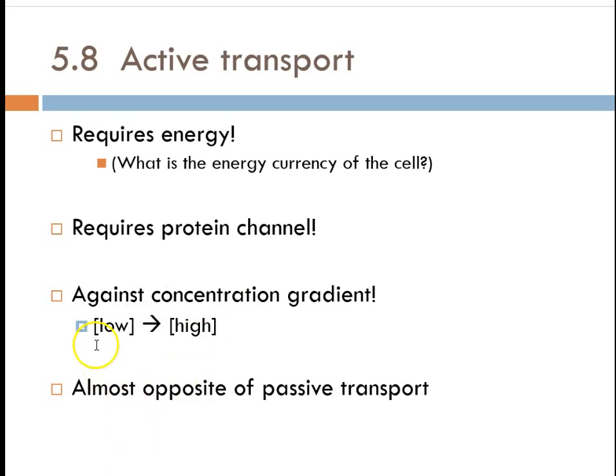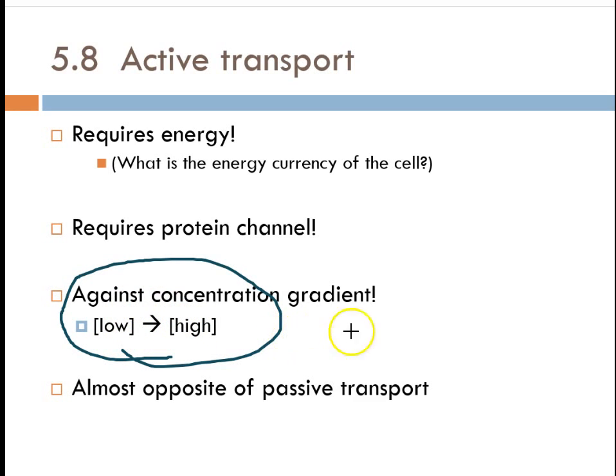So this is the only one that goes in the opposite direction. All the other ones went from high to low. This one's going to go from low to high. So this is going to be like a pump, and because it's like a pump, it requires energy and moves things in the opposite direction of passive transport. So a lot of energy is going to be used.